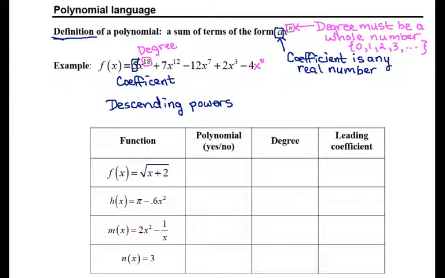So for each of these functions in the table, we're going to answer whether it's a polynomial, and if so, we're going to find its degree and leading coefficient. So once the polynomial is written in this order of descending powers, that first term is the one that speaks for the whole polynomial.